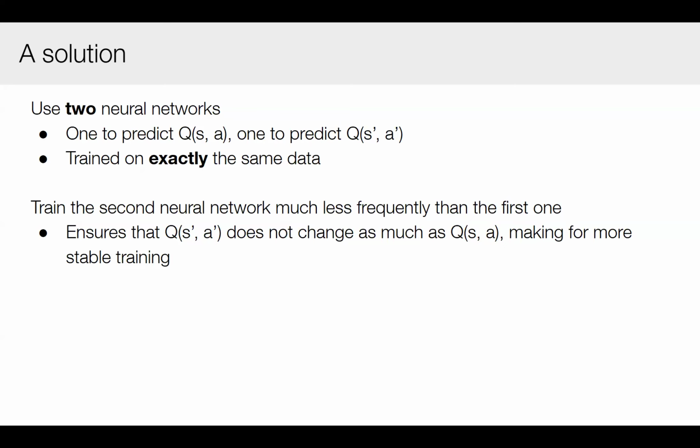So the idea is that our estimates for Q of S prime, A prime don't change as much. They will still change and improve over time, but for a few steps at a time they won't really change. So you have some semblance of a goal with which to compare your Q value estimates. Does this make sense? I'm going to go through an example, so hopefully that'll clear it up a little bit.